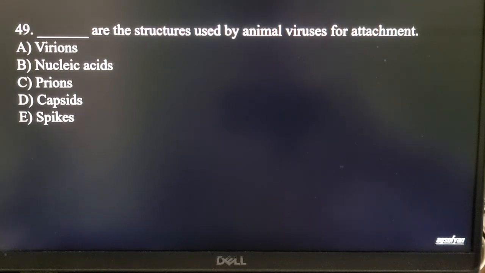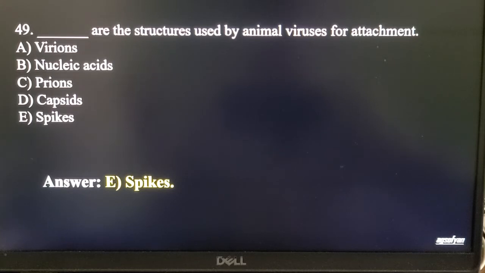49. Blank is the structure used by animal viruses for attachment. A, virions. B, nucleic acid. C, prions. D, capsid. E, spikes. This is your answer. Yes, it should be spikes.